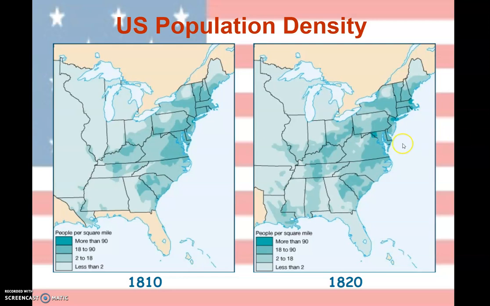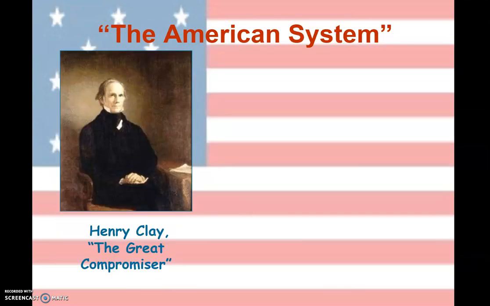And that means that we have a lot more people living out here in the western area versus all along the East Coast. Now, there's still plenty of people there, right? These are darkening as well. But when we compare this area specifically, right, to this, we see that a lot more people are moving westward. And it's not just that there are more people moving westward, we actually start to have more people. So let's find out a little bit more about that.